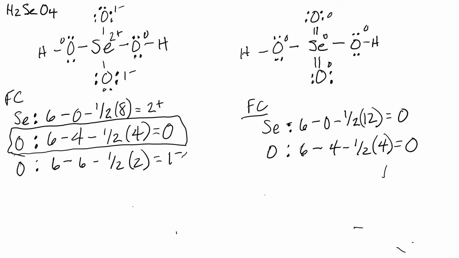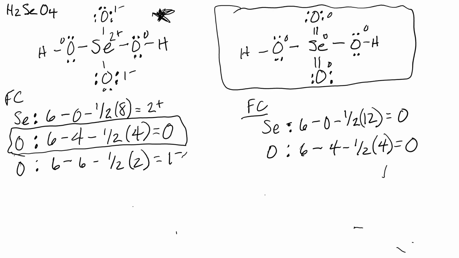So between the two, when you make a choice, it's going to be some of the rules that I've mentioned when looking at this structure that obeys the octet rule. In addition, with this structure, we want the least amount of formal charge when we make our choice. So this is the most plausible structure for this molecule.